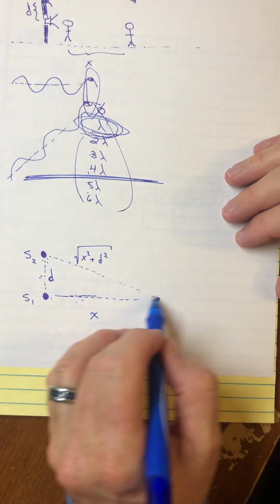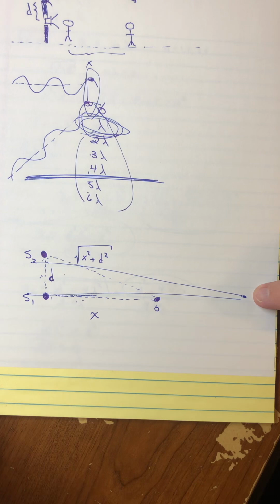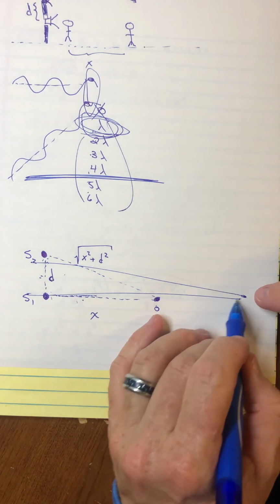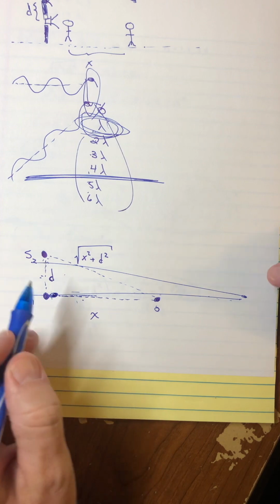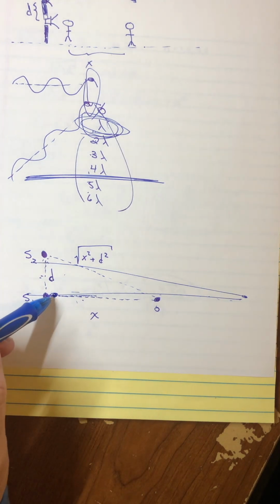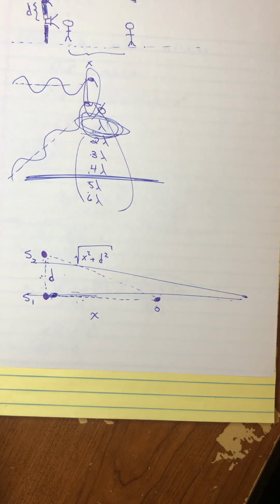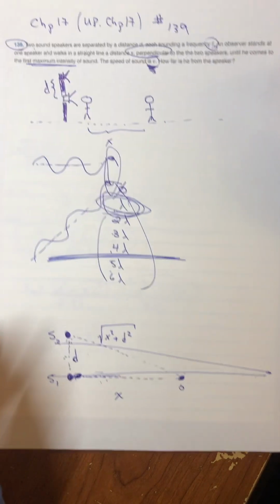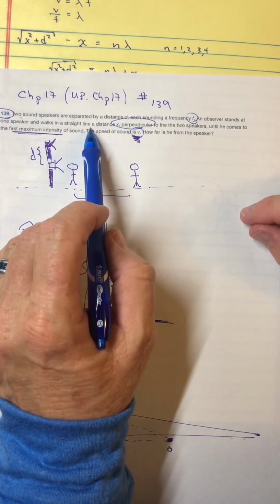In fact, you can kind of see when you're really far away, the distance to one speaker and the second one are nearly the same. So the most difference you can get is when you're right in front of speaker number 1. So there is some maximum.